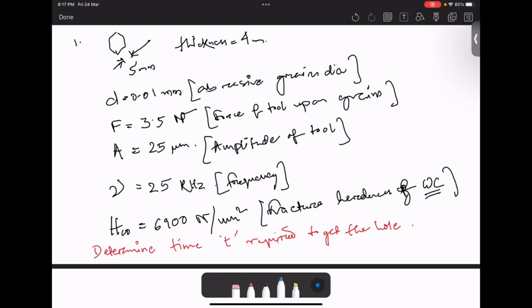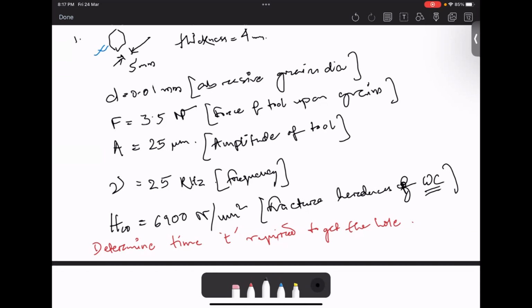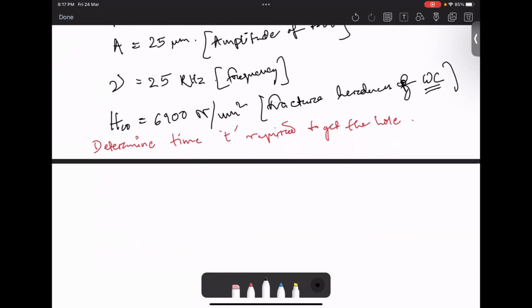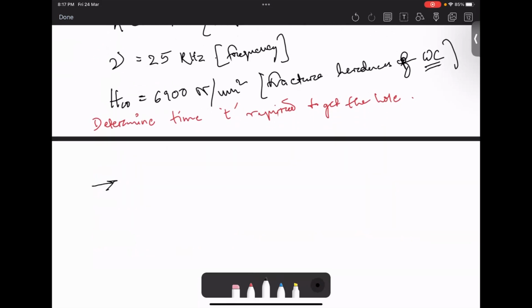So here you can see that the workpiece is a hexagonal one. Let's first start with finding the volume of the hexagonal workpiece, because the volume will be required to determine the time. If you divide it into triangles, you can see that there are 6 equilateral triangles.